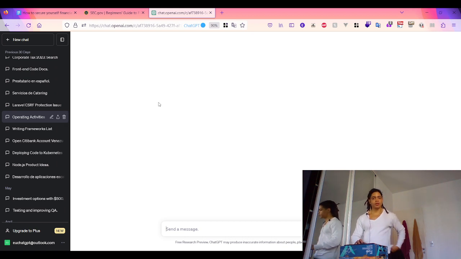But those are examples of short-term borrowing, notes payable. Those are examples of loans payable.